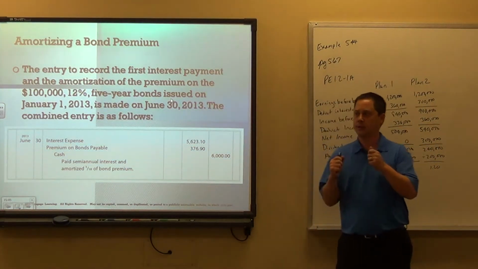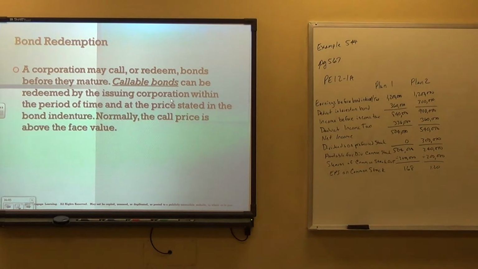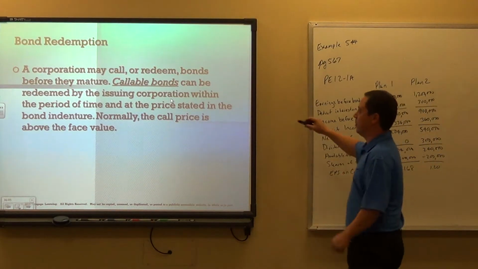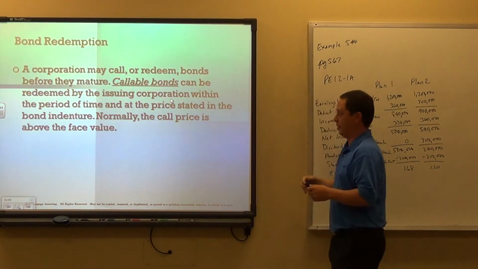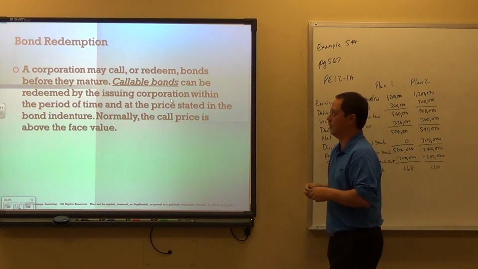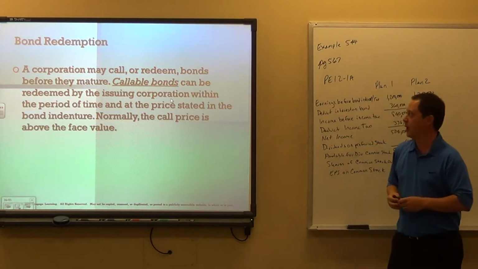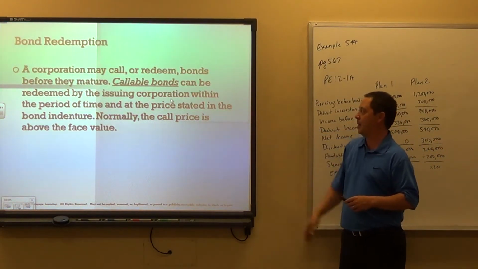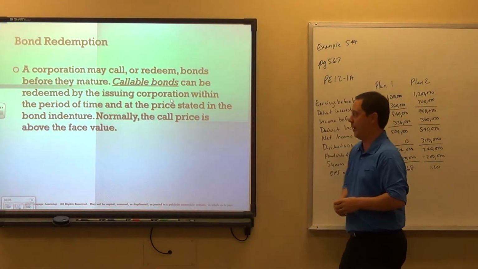So, questions on how that's working? All right, so a corporation, like I said, they call the bonds in because they have that option. They put that in the bonds. They can call that in and have it redeemed by the issuing corporation within the period of time stated in the bond indenture, so there must be a time set in there where they can call that in.